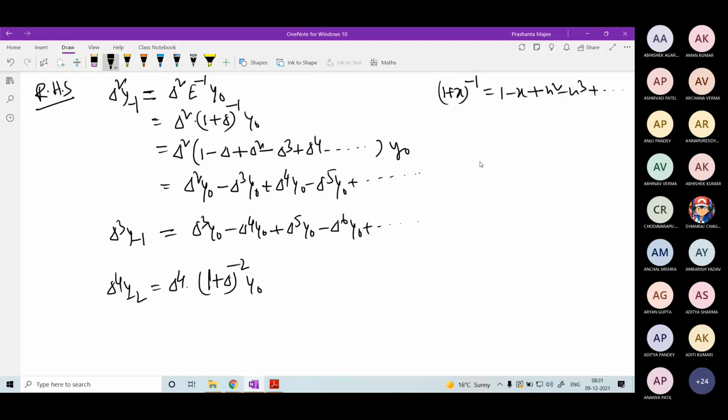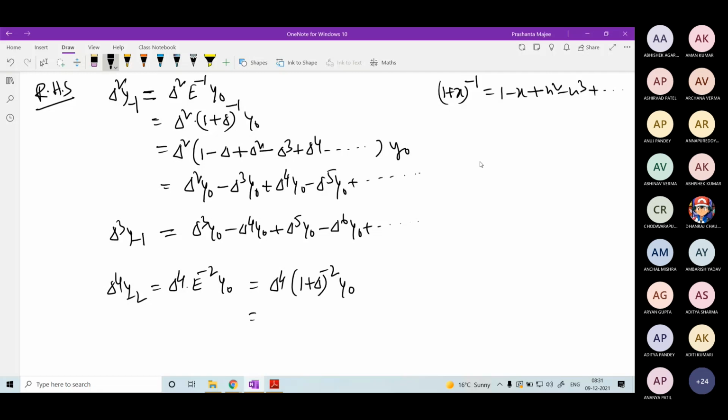Are you having some confusion to understand it? Okay, let me write down the in between line. Delta 4 into e power minus 2 y naught. And what is e? 1 plus delta. So del 4 into 1 plus delta power minus 2 y naught.